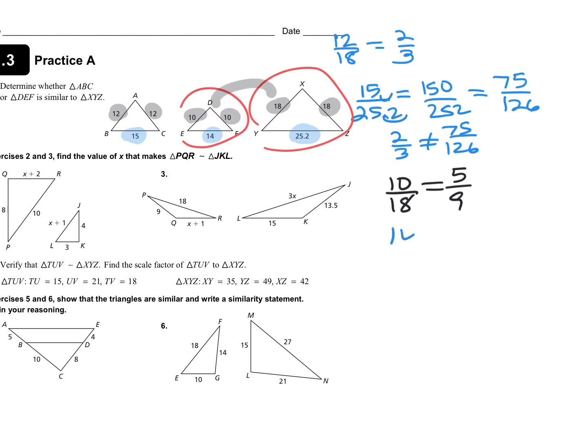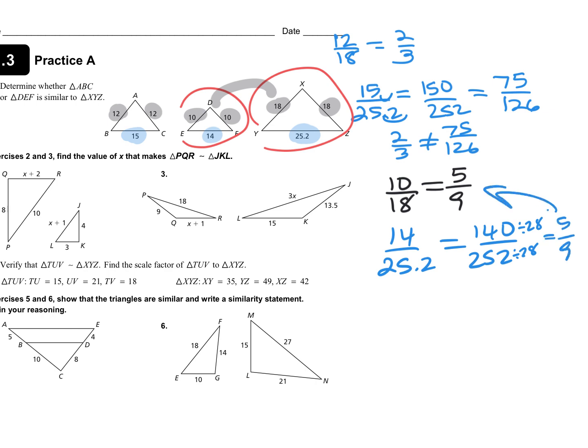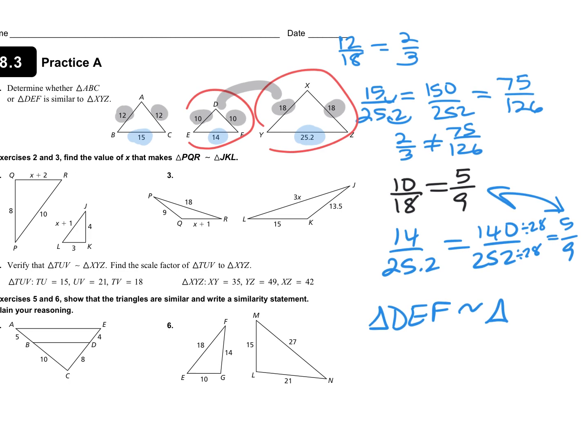If I do 14 over 25.2, again, I can make this 140, and then I can divide both of these by 28, and it simplifies to 5 to 9. So because these both simplify to the same ratio, I will say that triangle DEF is similar to triangle XYZ. Because it simplifies to the same ratio, what I used here was side, side, side.